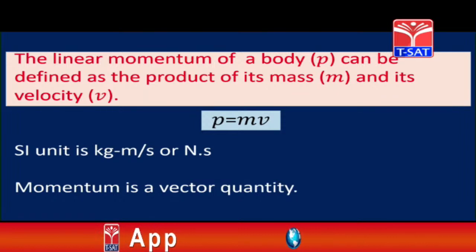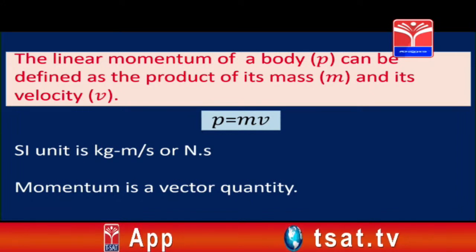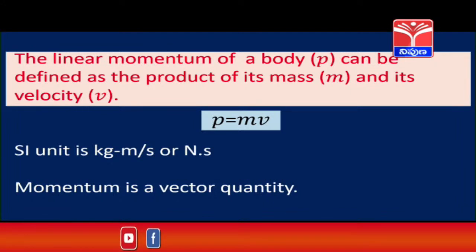P is the momentum, m is the mass of the body, and v is the velocity. You all know that mass is a scalar quantity, velocity is a vector quantity. So, let us keep it there. We will come back to this discussion a little later. But right now, understand that the definition of linear momentum is mass into velocity. Thereby, it is considering mass and motion.